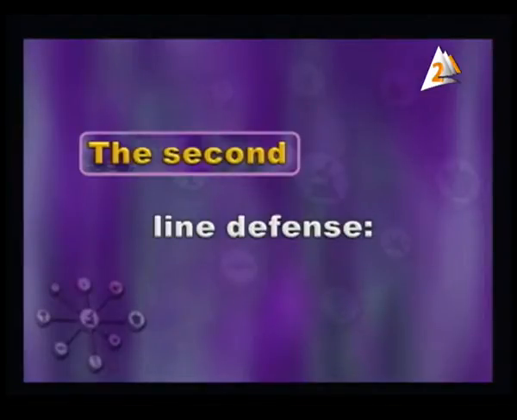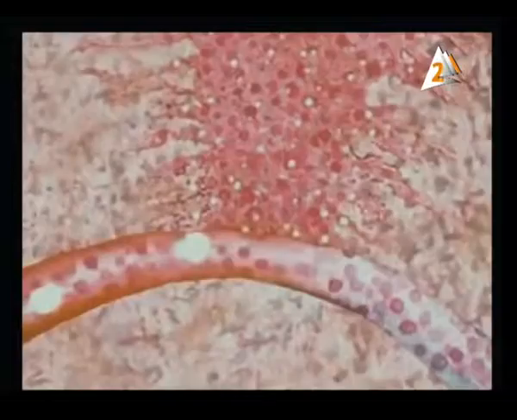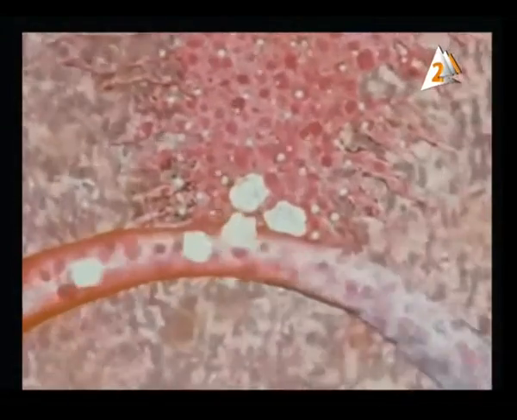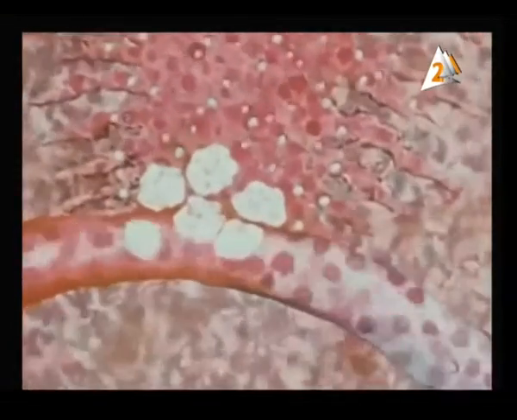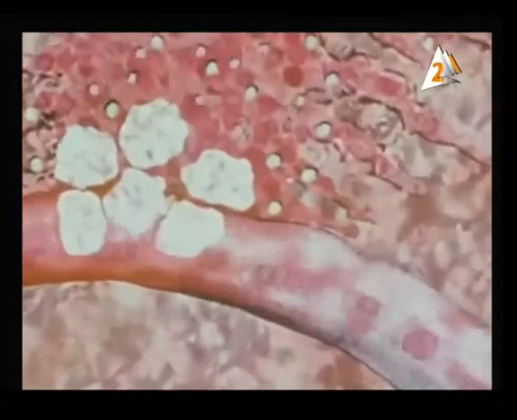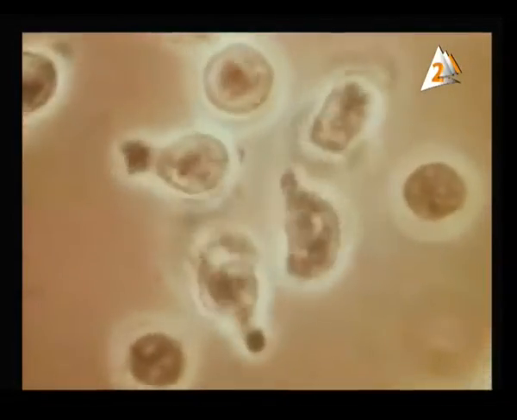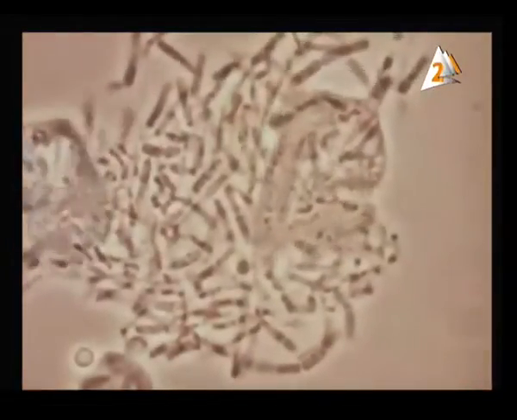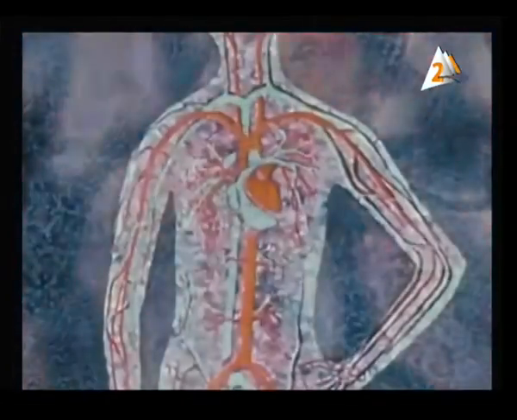The second line of defense acts when the pathogen succeeds in penetrating the first line of defense and invades body tissue through a slash in the skin. This line of defense is an internal mechanism in which the body uses successive non-specific mechanisms that surround the invading microbes within seconds or minutes to prevent them from spreading. This mechanism starts with inflammation.